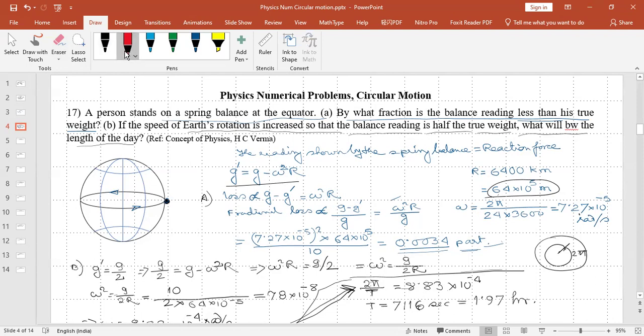So our day's length will be approximately 1.97 hour, rather approximately 2 hours. So if the day's length is not 24 hours, instead it is 2 hours, then the reading of the weighing scale for any person will be half of what the actual weight is. So here we end it now.